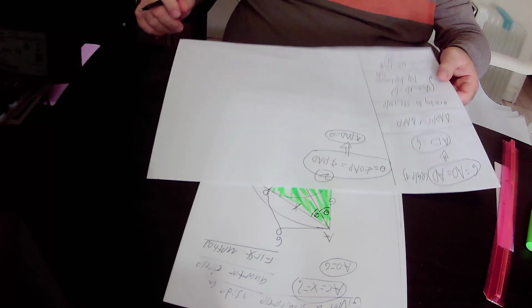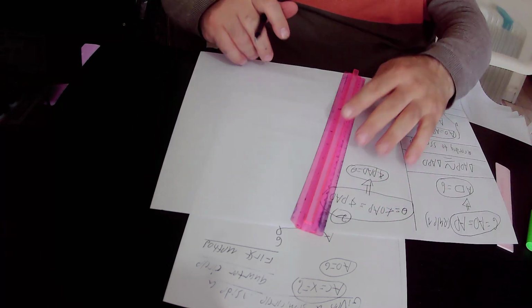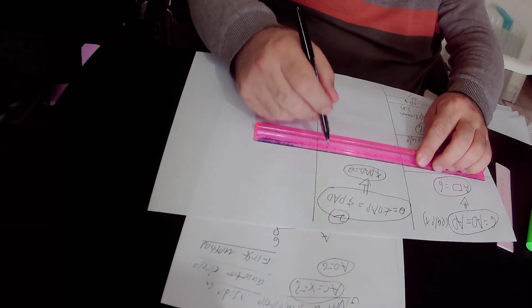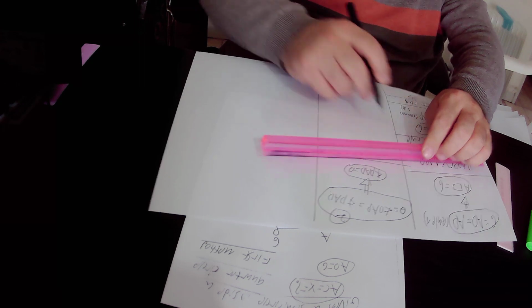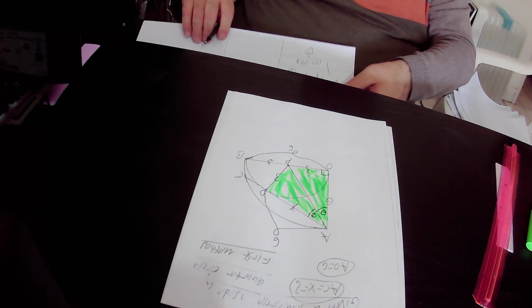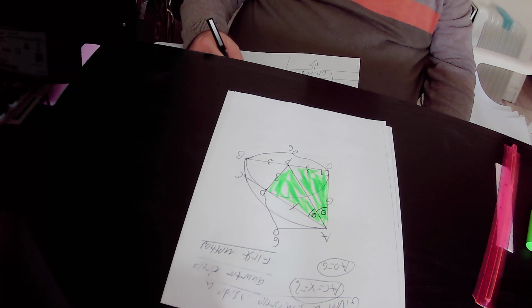In the next step, we will focus on the right green triangle, triangle OAP.